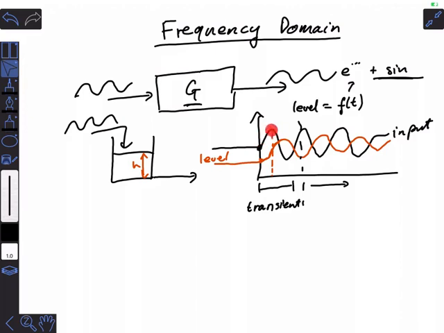It's how much the flow rate is increasing that drives the rate at which the tank fills, right? And remember, the magnitude is staying the same. But when the frequency increases, it is high for a shorter amount of time. And when I have a short amount of time to fill up my tank, the tank will fill up less. Does that make sense?